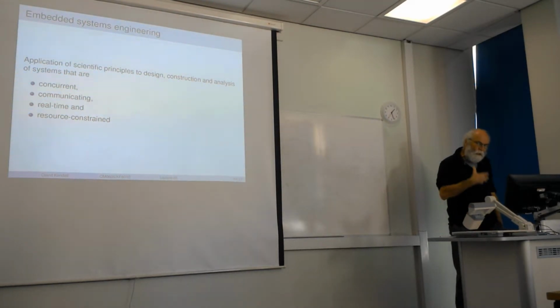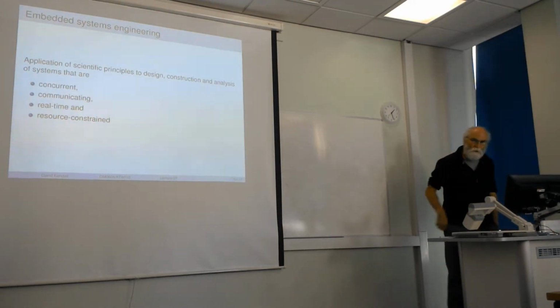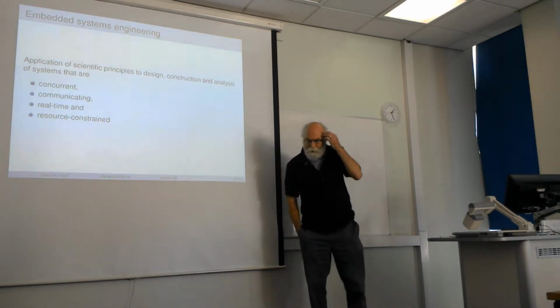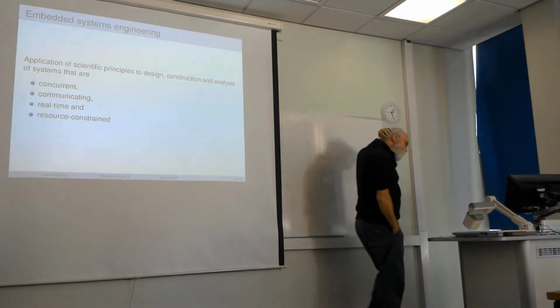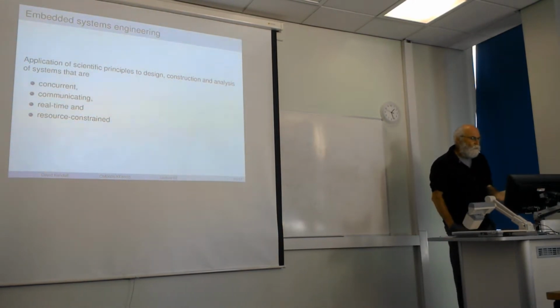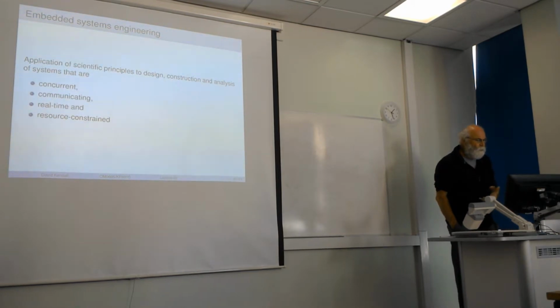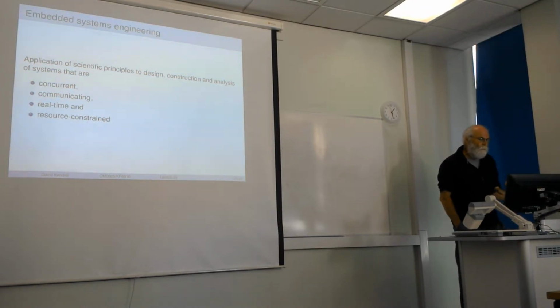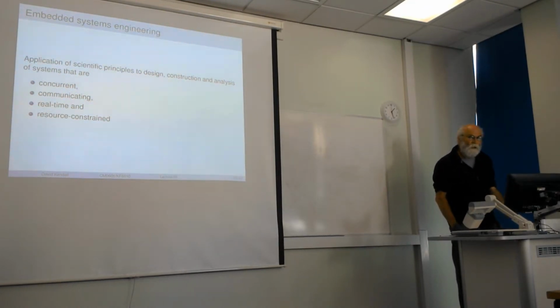So, if we carry that through to what we saw about the essential characteristics of an embedded system, then we're trying to apply scientific principles to the design, construction, and analysis of systems that have those characteristics. So we want to be able to reason properly about concurrency, communication, real-time, and resource constraints.